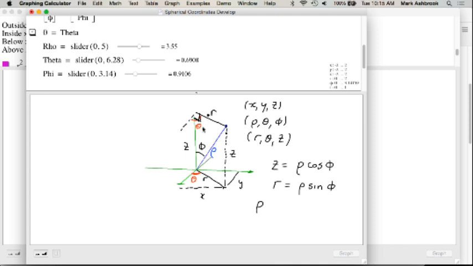Theta is a horizontal angle. This is a right angle here. So what could we say? Rho, r, and z. Rho squared equals r squared plus z squared, which makes sense because r squared is x squared plus y squared. We backed out our sphere equation, right? So this is the sphere equation.